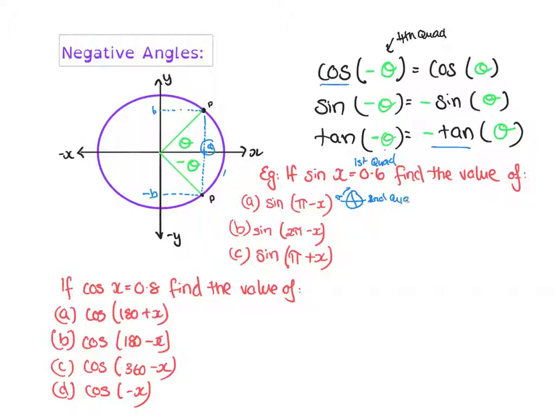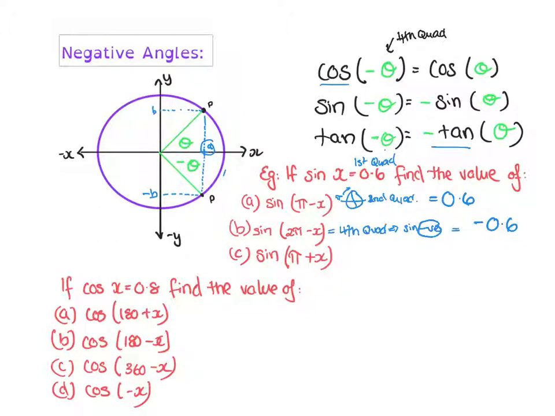When we're in the second quadrant, if you think of CAST, sine is positive, so it'll be the same, 0.6. Okay, if we go 2 pi minus x, that will put us in the fourth quadrant, and in the fourth quadrant, sine's negative. So we're going to say that equals negative 0.6.